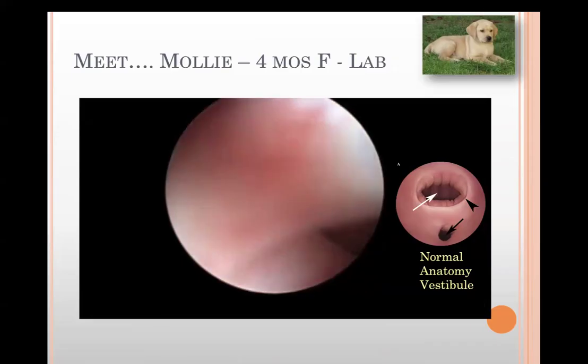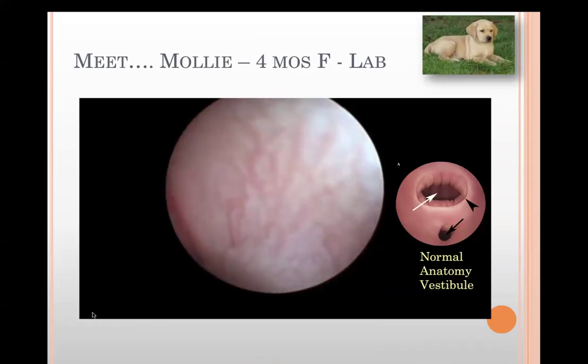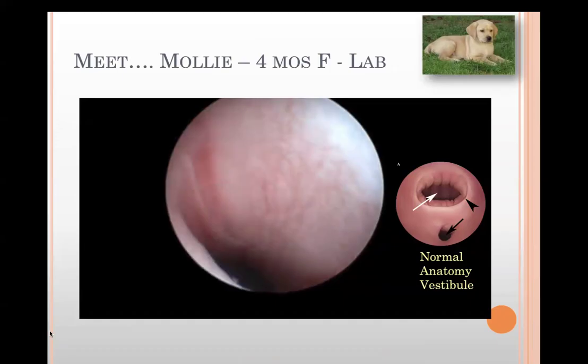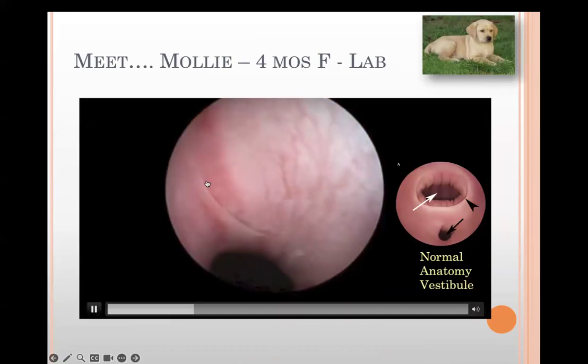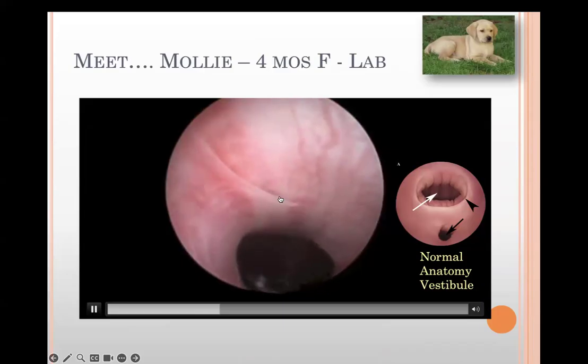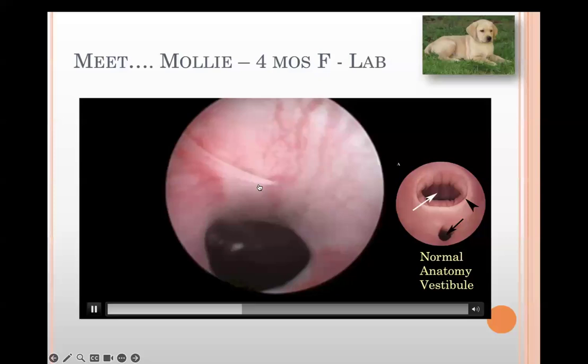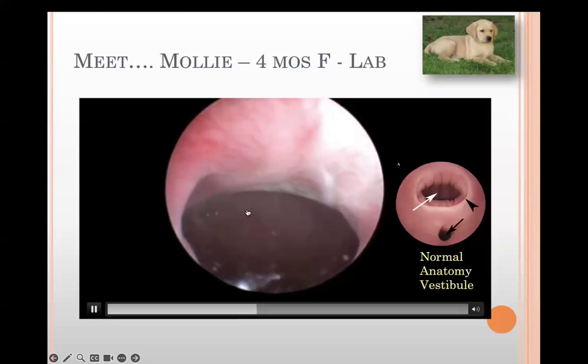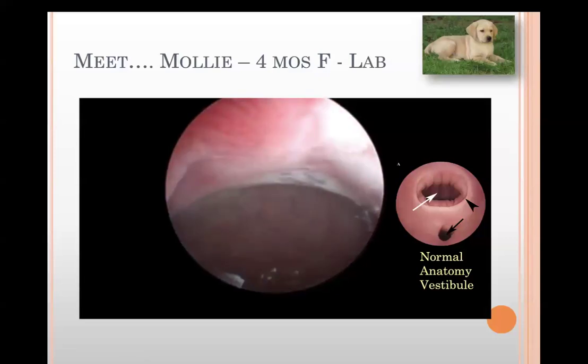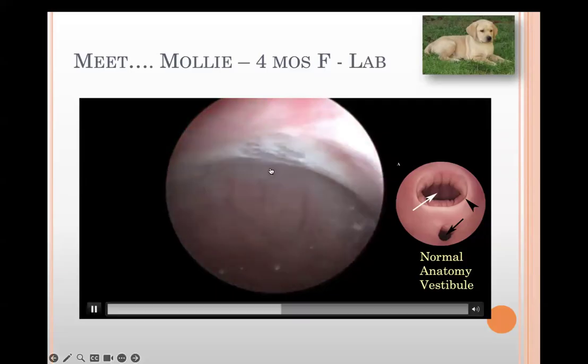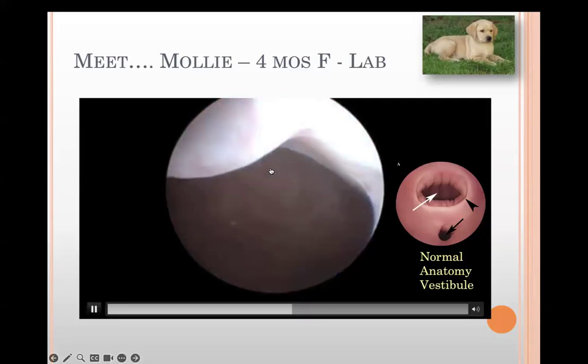So again, you see the normal vestibule there, and you saw there was a paramesonephric remnant on this. As we're now in the urethra, you see a very thin, superficial ectopic ureter right here. This would be the left one, and we can see the pathway of it as we go in. This patient's a little bit over distended. We're seeing some cracking of the mucosa here, so we're going to release some of the tension on that.